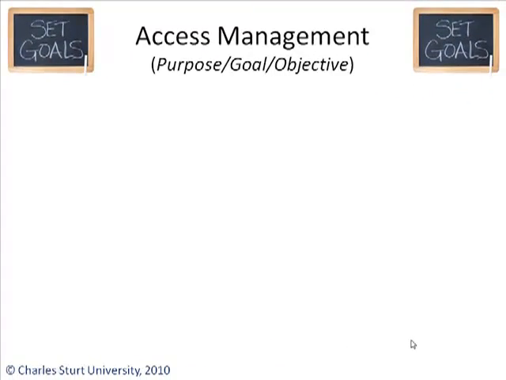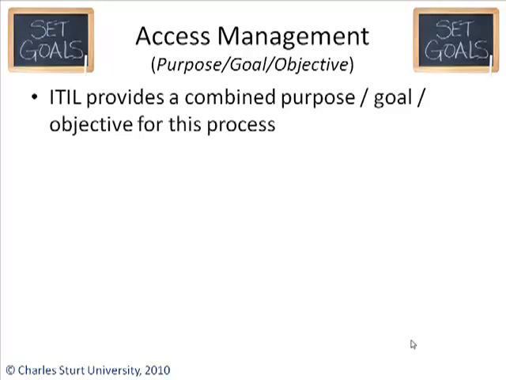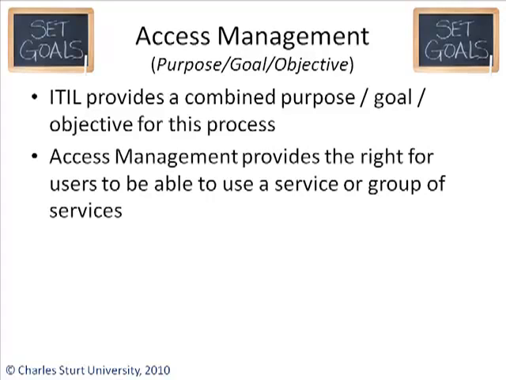Access management: purpose, goal, and objective. ITIL actually provides a combined purpose, goal, and objective for this process. It says access management provides the right for users to be able to use a service, for example email, or a group of services, for example access to the collaboration services, including email.